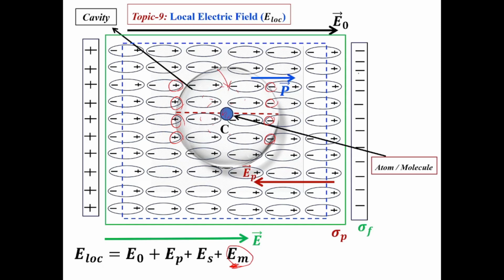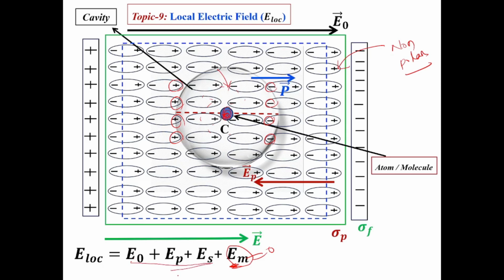Here we consider that this dielectric material is non-polar, so the EM value will be 0. Okay. So what will be the net electric field intensity on this atom or molecule? This much.